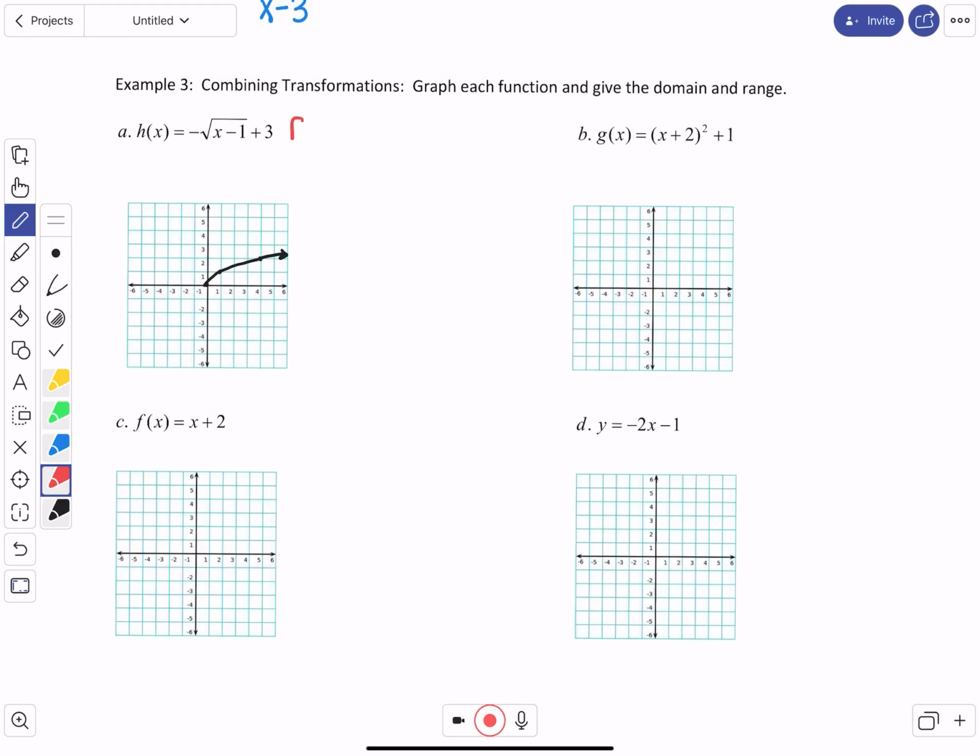So we're going to flip across the x-axis. We are going to go right 1 unit, and we are going to go up 3 units. So that's everything that we're going to be doing here. Okay?